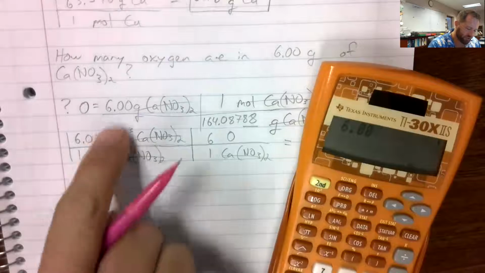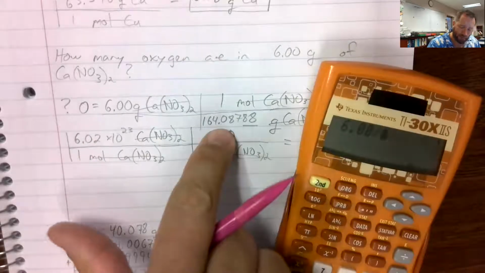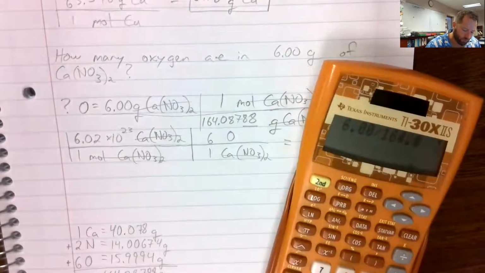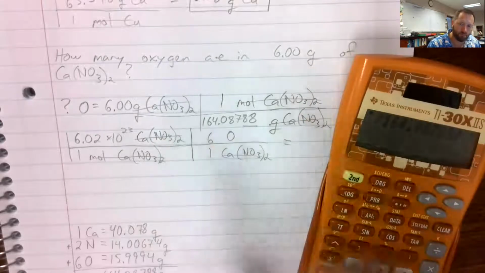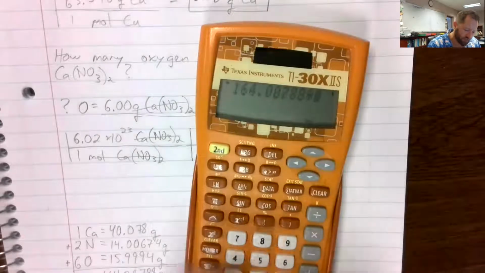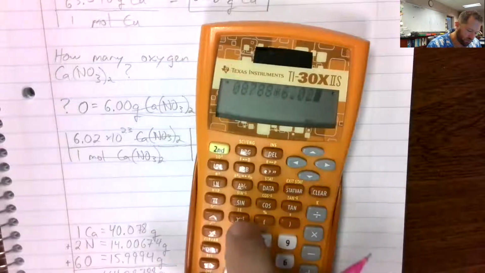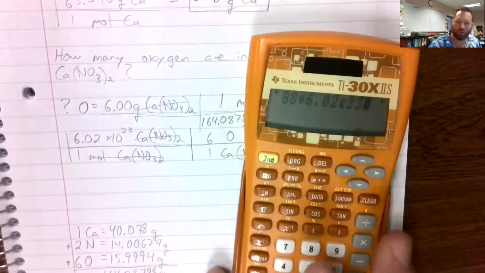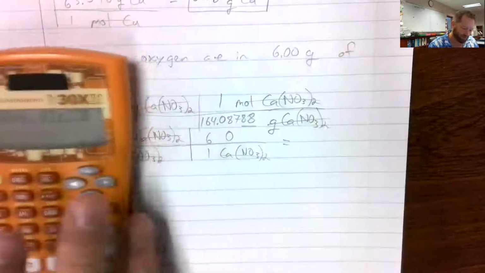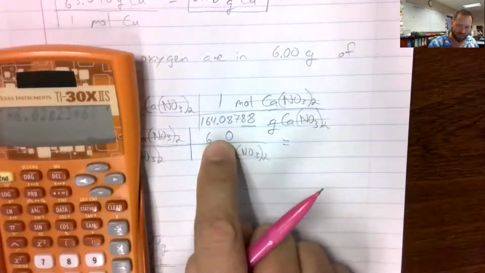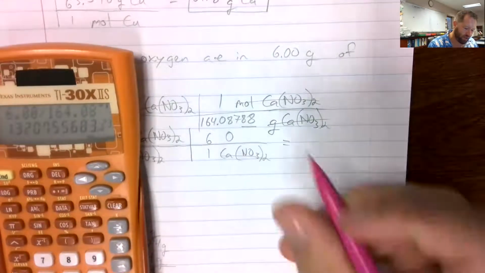We are ready to solve this problem. 6.00 divided by, it's on the bottom, 0.8788. Times, now we're back to the top, 6.02 E 23. Hey, we're getting familiar with that number quickly, aren't we? Times 6, because it's on the top. Press our enter button. And there we go.